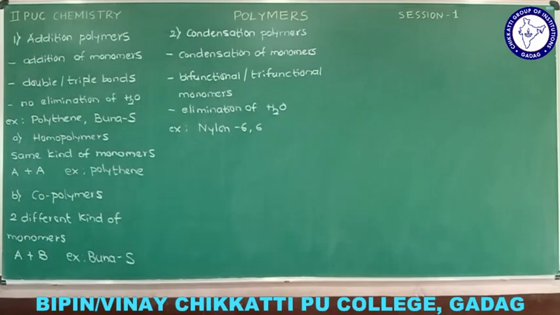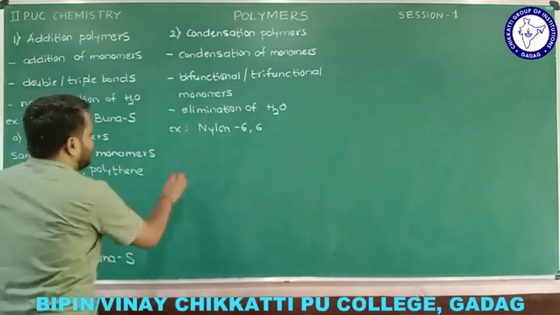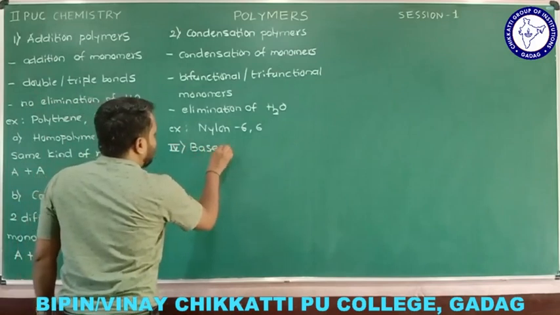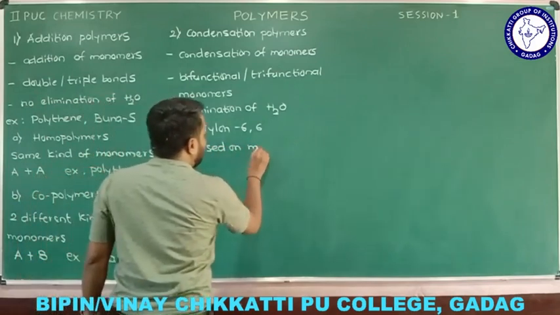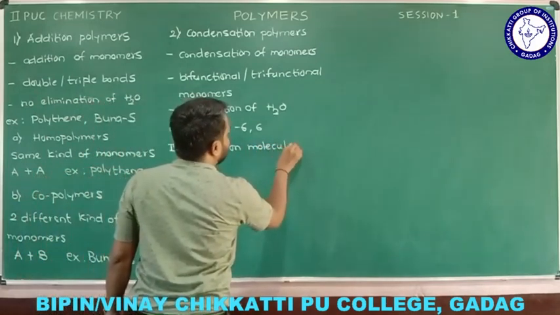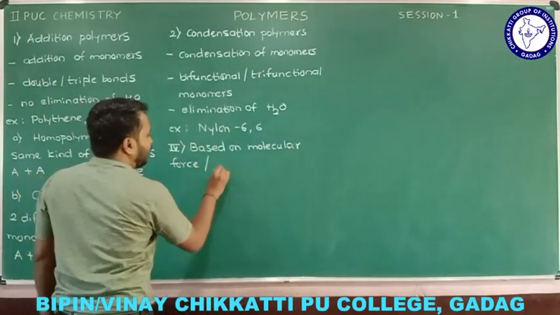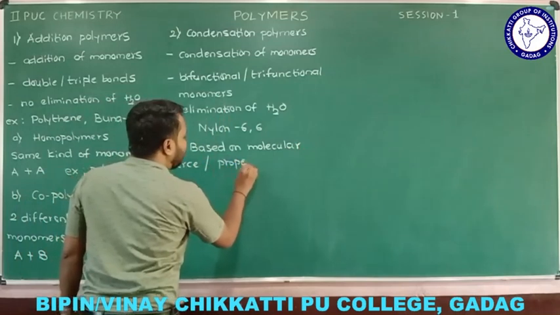Now we'll see the last one, Roman number 4, and what is the condition? Based on molecular forces, or intermolecular forces, you can say. So Roman number 4, and the condition will be based on molecular force, and you can call it based on property also.